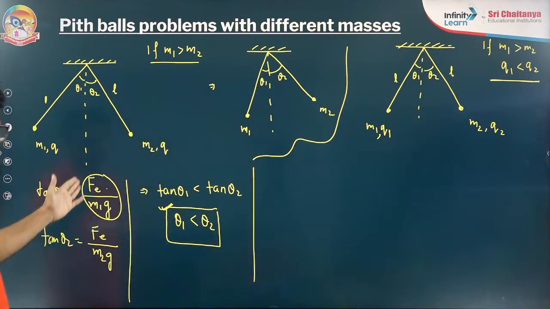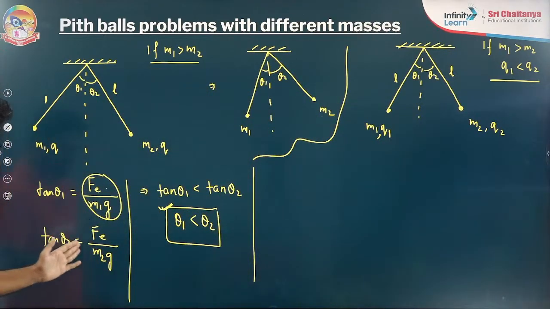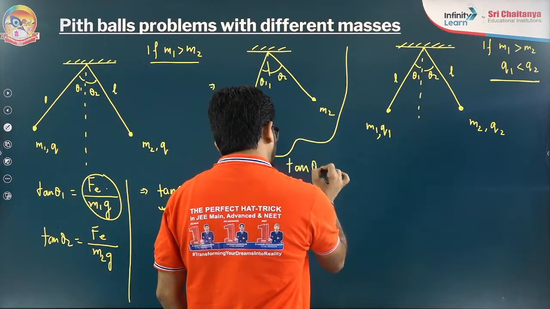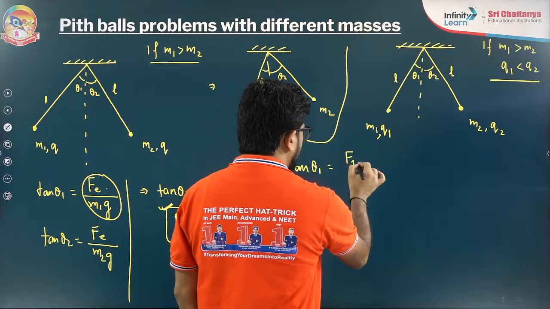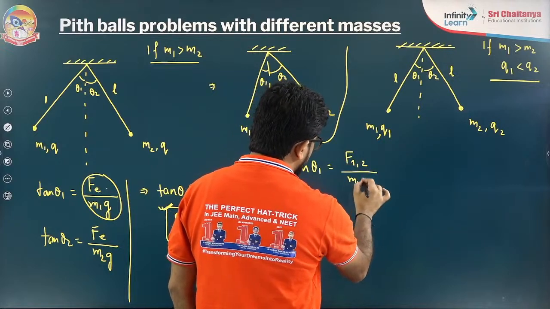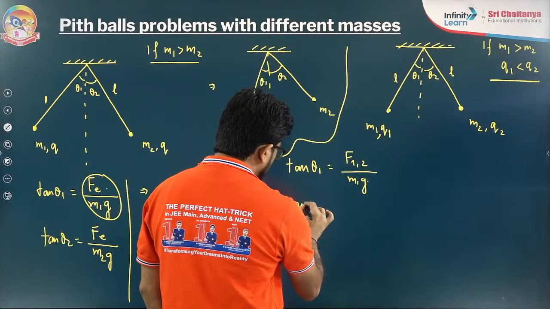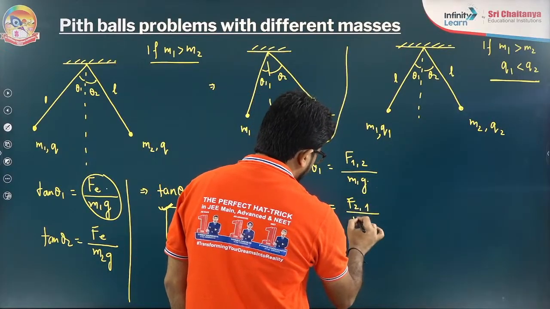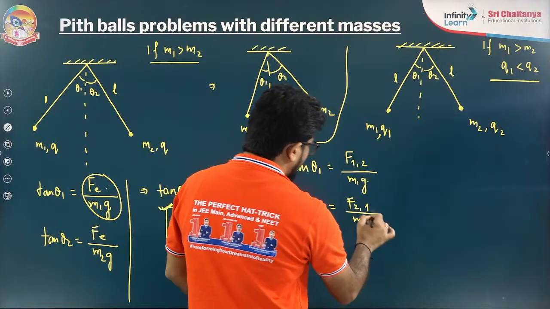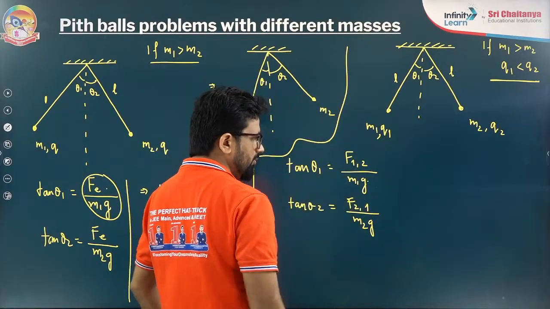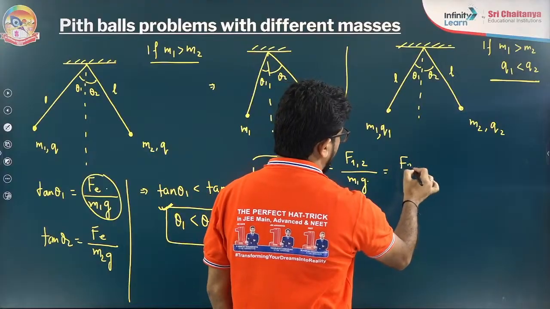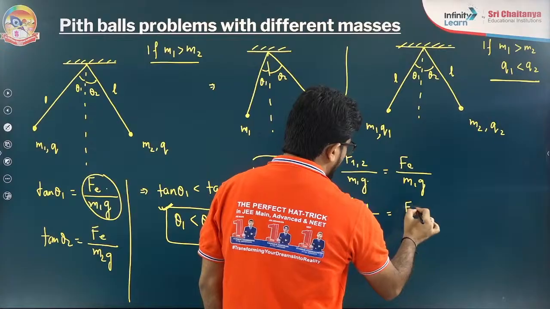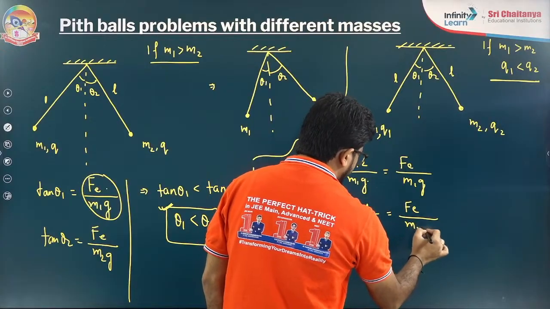So what you can say, Fe by m1g, tan theta 1, again you will write the same thing here. Tan theta 1 would be F12 divided by m1g. This is tan theta 2, that would be F21 divided by m2g. But F12 and F21 are both equal, that means Fe by m1g and Fe by m2g.